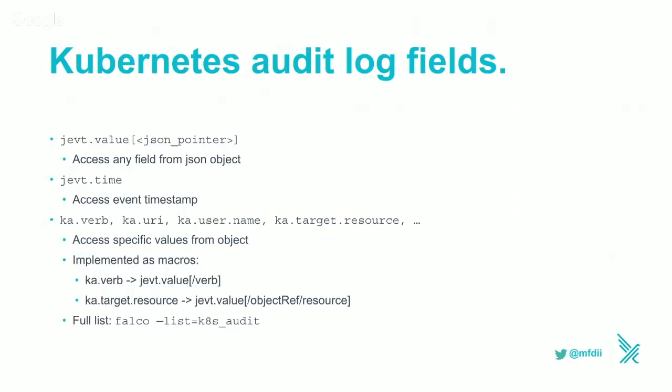What this allows us to do is predefine a bunch of macros, or basically the language for you that you can use to actually filter on these types of events. So you have some things like jevt.time, which allows you to access the event timestamp, but then we created a whole bunch of filter fields for you, so things like ka.verb, ka.uri, and so forth.